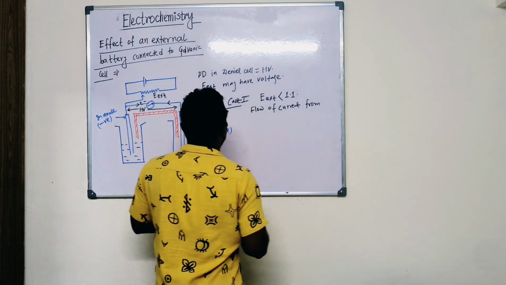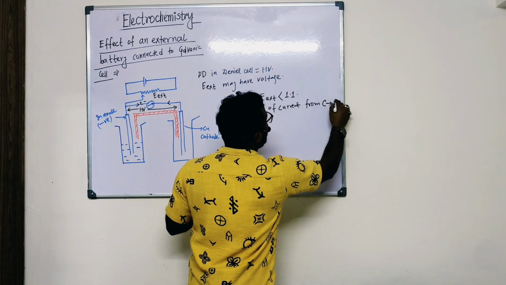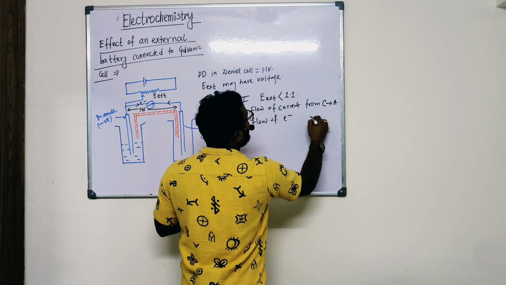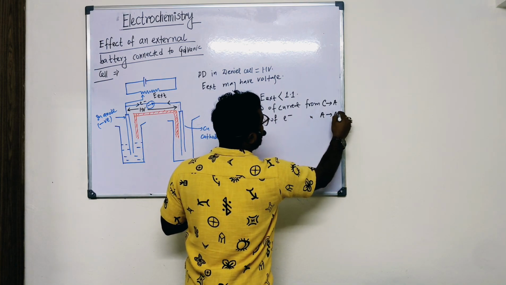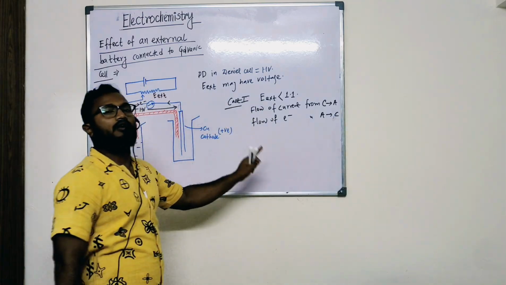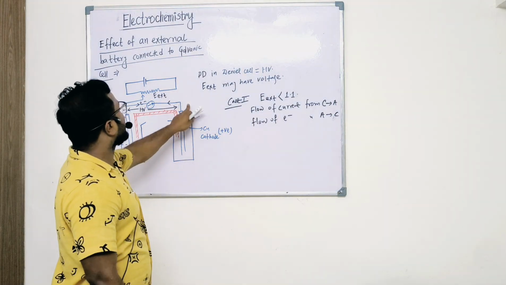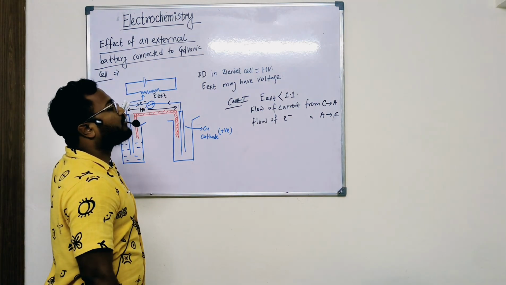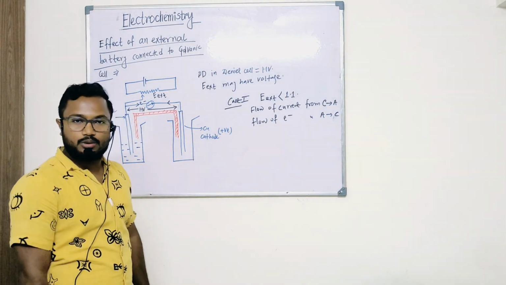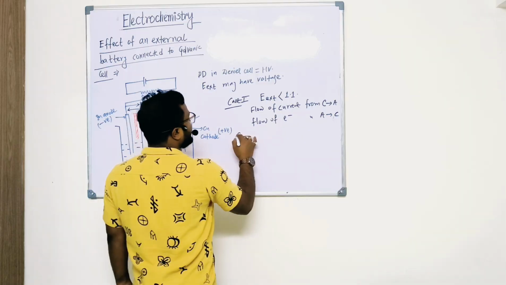So flow of current from cathode to anode and flow of electrons from anode to cathode, with E external less than 1.1.